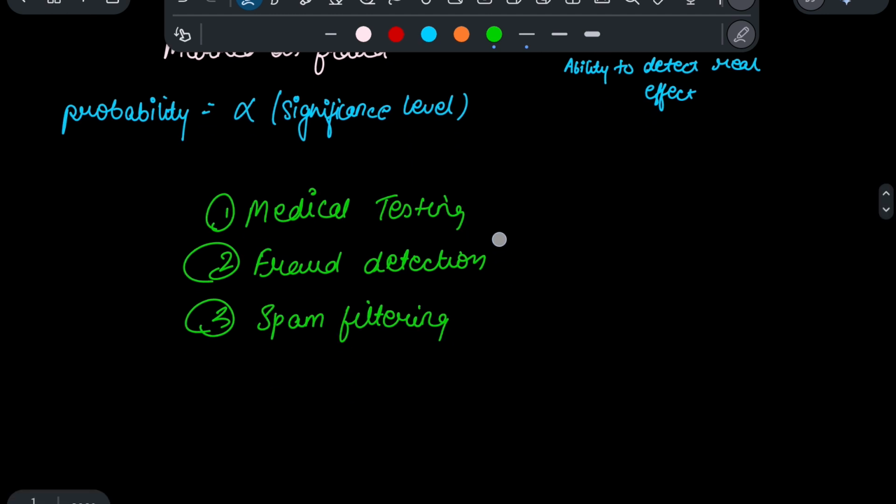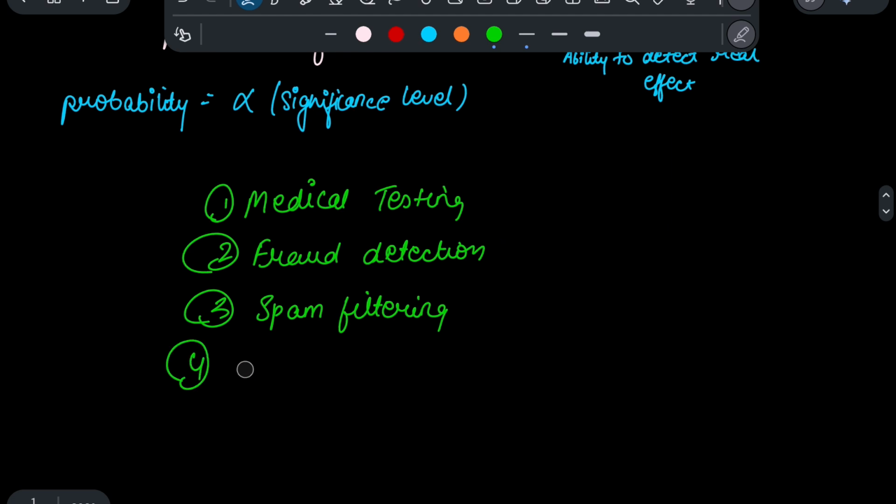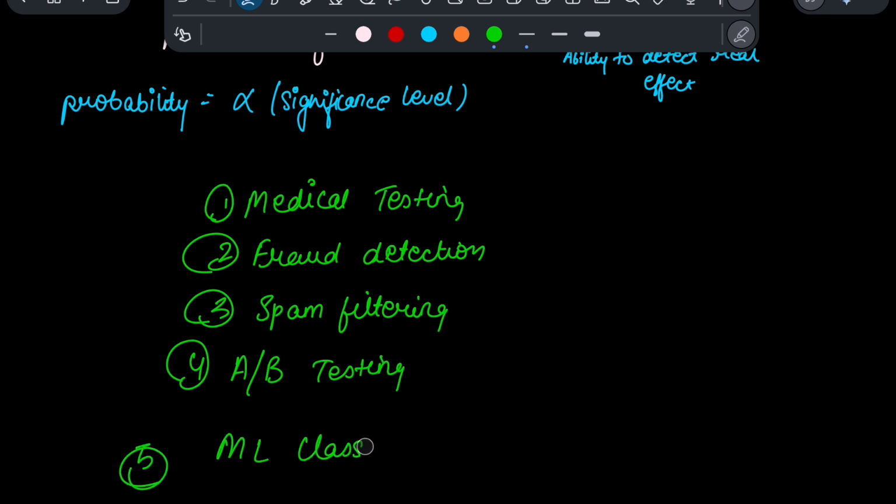At the same time, one of the main applications is A/B testing. And it's also used in the machine learning classification threshold tuning.